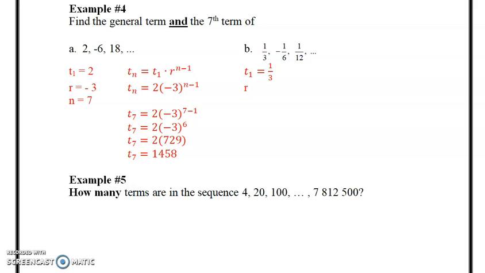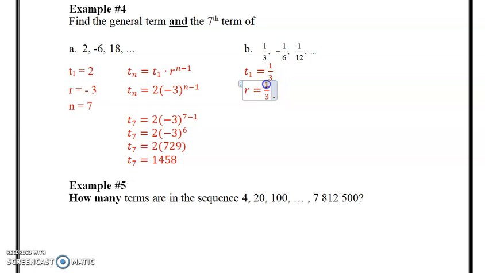Let's determine the r value now, the common ratio. The common ratio comes from the consecutive terms, dividing them again. So how am I getting from 1/3 to -1/6? I take my -1/6 and divide it by 1/3, which would be -1/2.